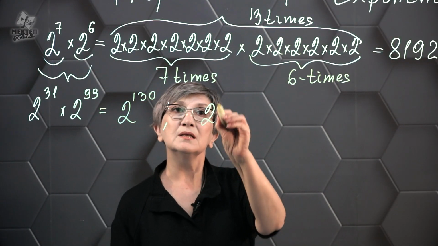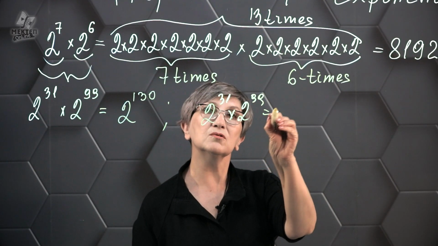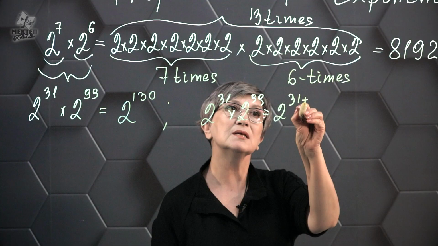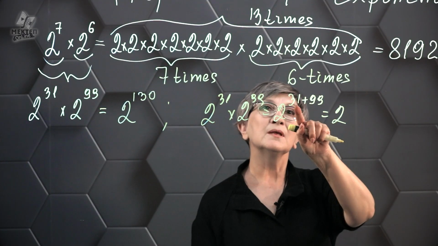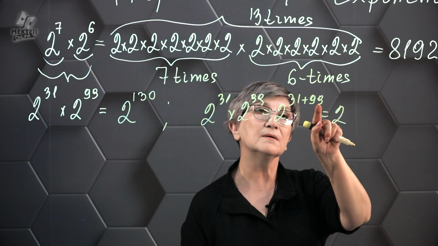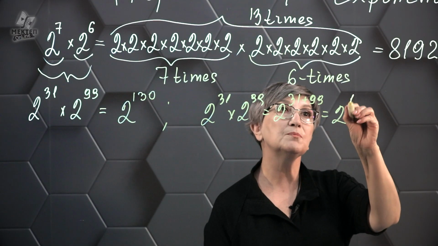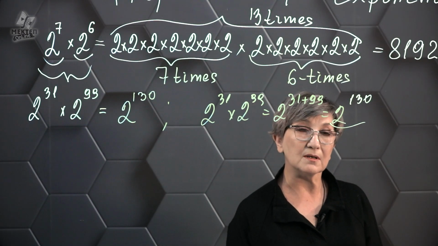Let's check it out. 2 to the power of 31 times 2 to the power of 99 equals 2 to the power of 31 plus 99. And then you get 30 plus 99, that makes 129, and plus 1 is 130. As a result, I got the right answer right away.